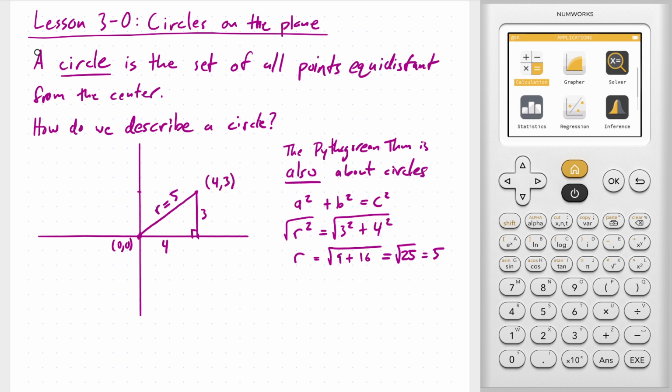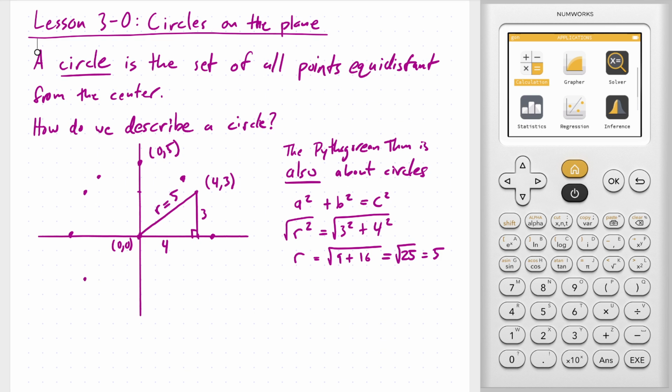So let's draw in some other points that are 5 units away from the origin. We've got this point right over here, this point right over here, this point right over here. This point right here is, of course, (0, 5). So that's 5 units from the origin. And I've got this point, this point, this point.